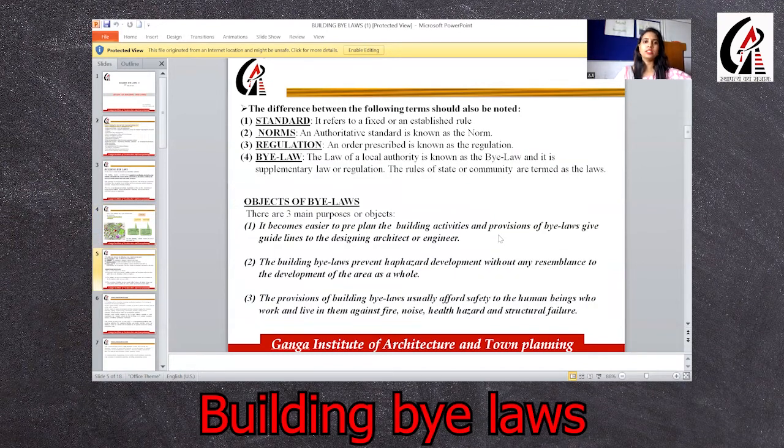The next one is the difference between the following terms: standards, norms, regulations, and bylaws. The basic difference between these terms is that standards are already framed and fixed, so they can't be changed as per the situation.